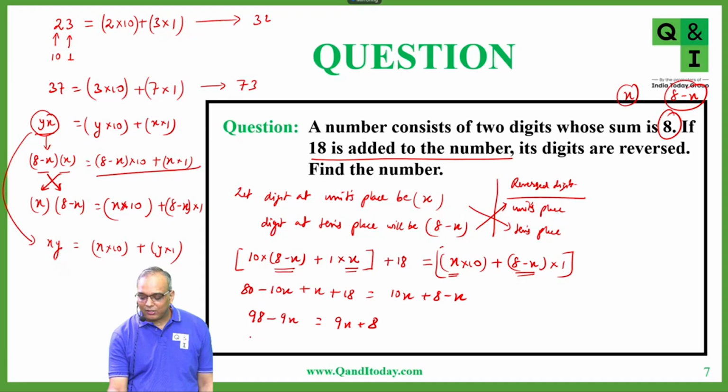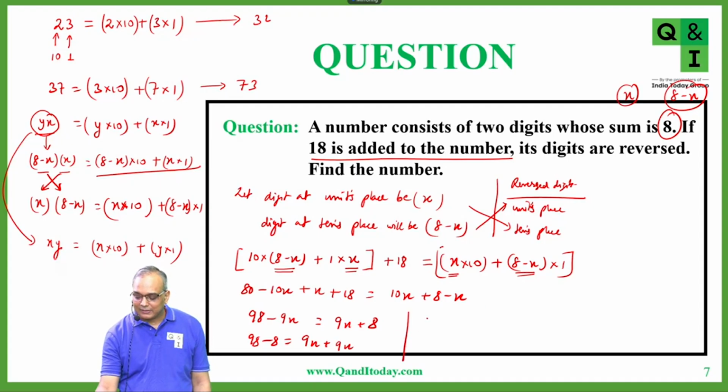I will bring all the constants on one side. So 98 minus 8 is 9x plus 9x. 9x plus 9x is 18x. So 90 is equal to 18x. If I solve it for x, this will be 90 by 18, which is equal to 5.